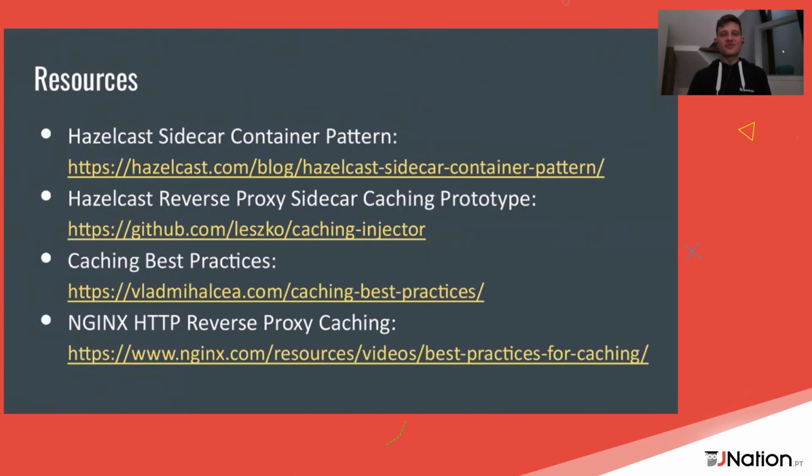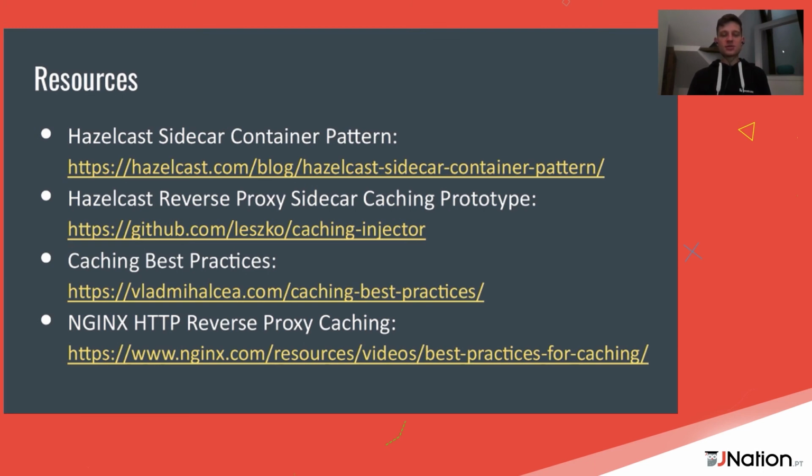As the last slide for this presentation, I would like to mention a few resources. The first one is the blog post on how to set up Hazelcast as a sidecar. The second one is our prototype of this reverse proxy sidecar caching. You can look at this, but it's very much prototype based, so better not use it in production.